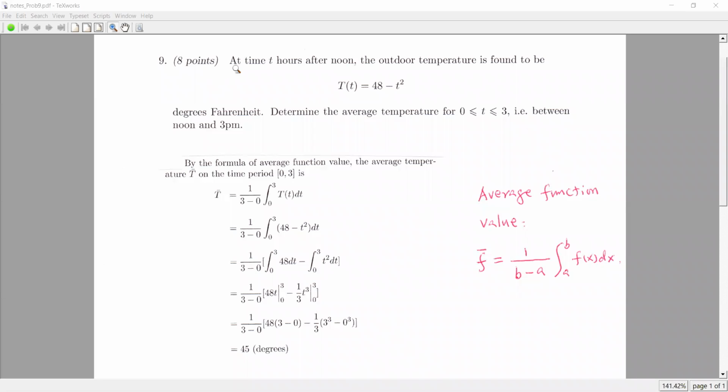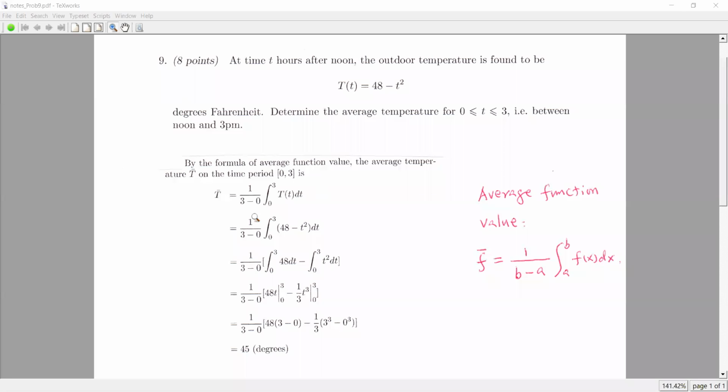Problem 9. At time t hours after noon, the outdoor temperature is found to be this function. Determine the average temperature for time between 0 and 3, namely between noon and 3 p.m. By formula, the average temperature is this integral.